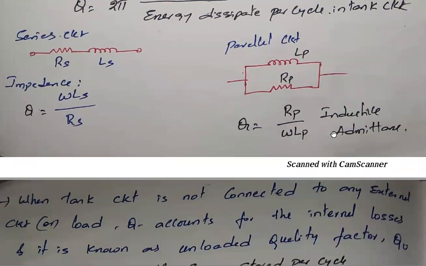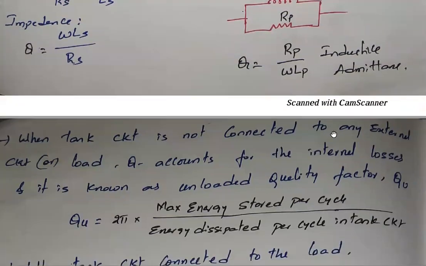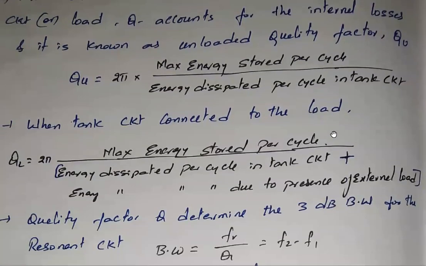Similarly, the quality factor can be defined in 2 more ways, that is unloaded quality factor and loaded quality factor. Unloaded, indicated by QU, means without having any load, and then the relation is the same as above, that is 2 pi times maximum energy stored per cycle divided by energy dissipated per cycle in the tank circuit.